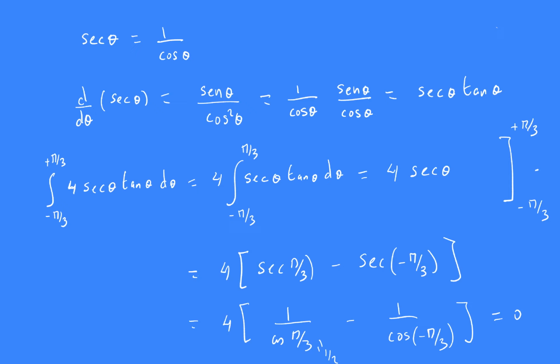So f of minus theta should be equal to minus f of theta. And the function has a total area between minus pi divided by 3 and pi divided by 3 equal to 0. Okay, let's go to the next problem.